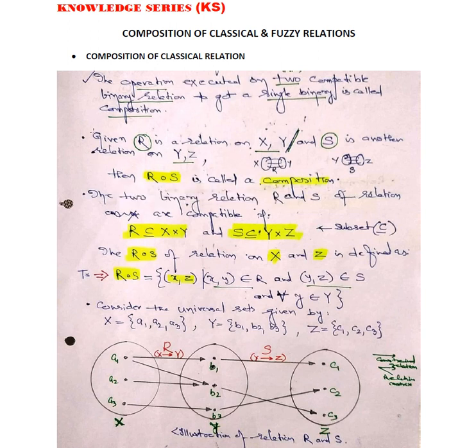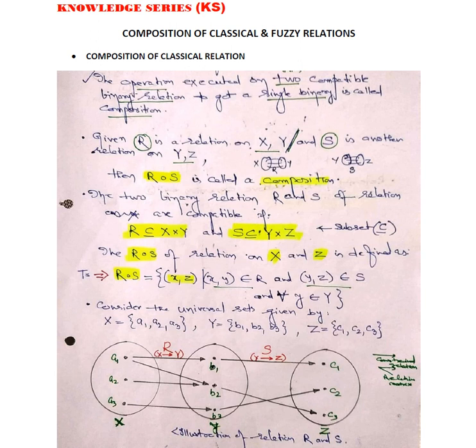Similarly, we also see the fuzzy Cartesian product with respect to the element and the membership value. Now, in compositions we have to discuss minimum and maximum terms. That is the speciality of compositions.